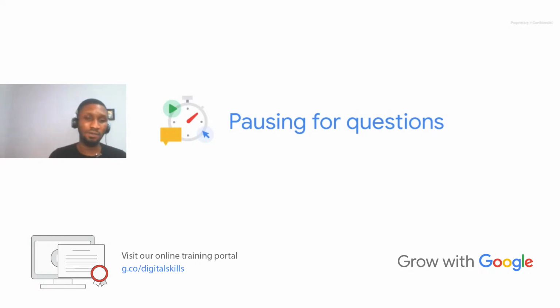It could be a partner like Jobberman, a renowned job search platform that Google has a partnership with. So it's kind of verified, but you yourself also need to do your own check, which is what we'll be talking about as we proceed. Thank you so much for that question, Moffat.